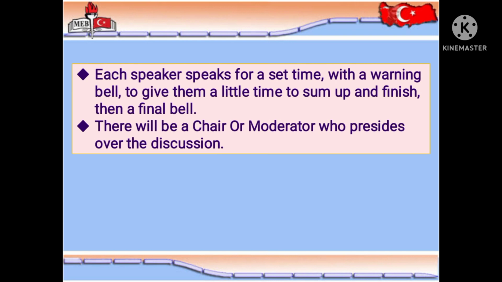Third affirmative and negative. The third speakers of both teams have the same role: to rebut their opposition's arguments and to summarize their team's arguments. Third speakers do not present arguments.